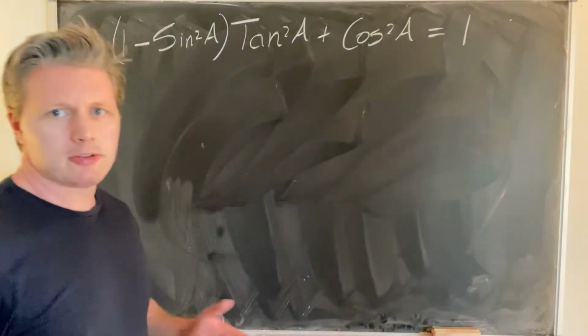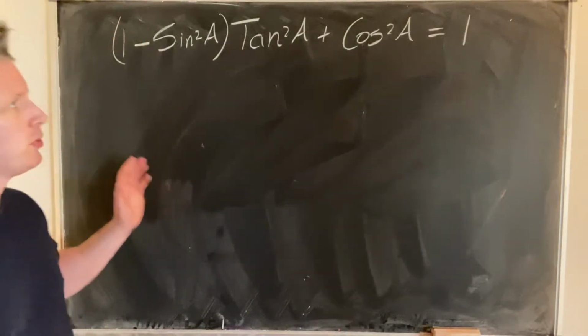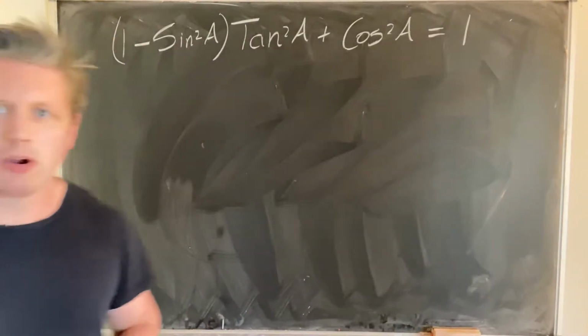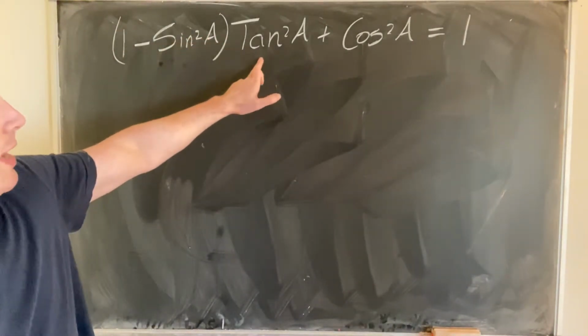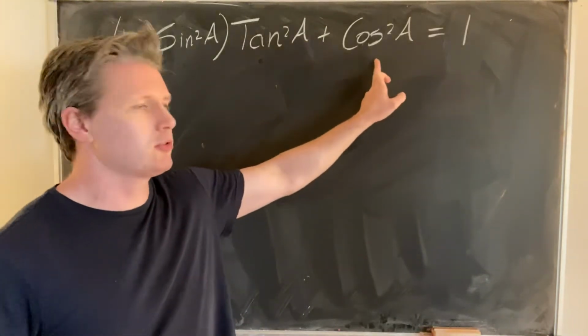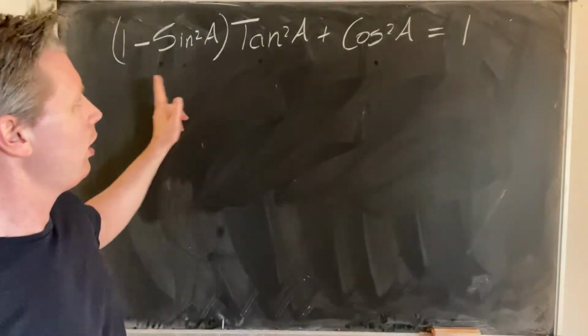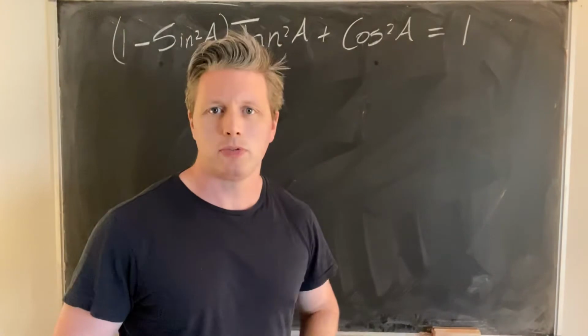Bear in mind, in all of these problems, what we're asked to do is prove that the statements are true. So 1 minus sine squared a times tan squared a plus cosine squared a. We want to show that all of this is in fact simply equal to 1.